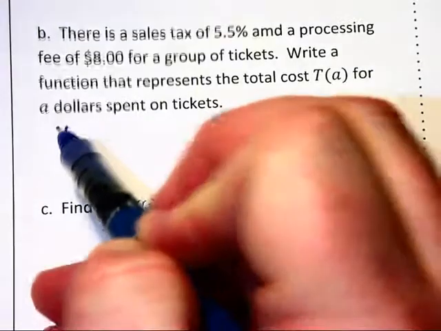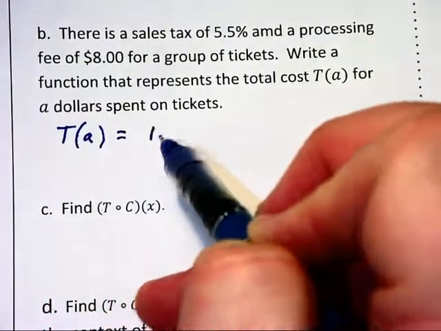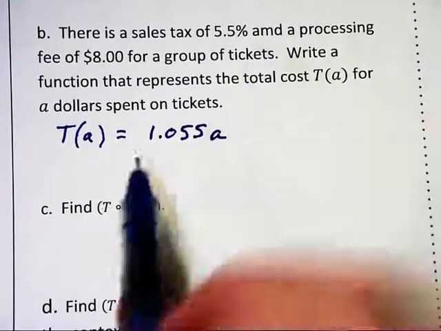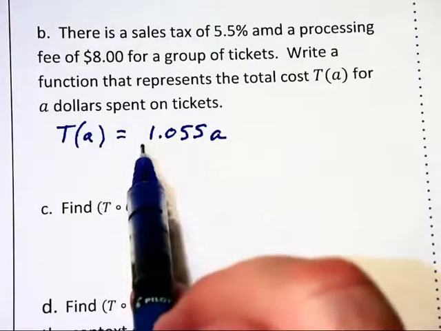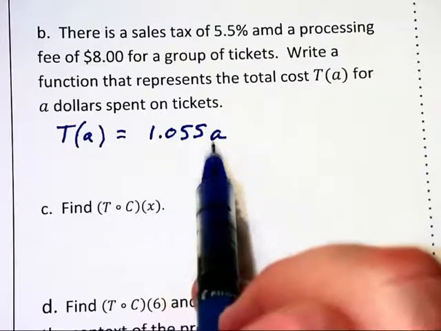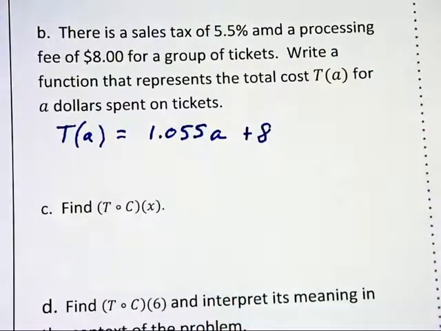So t of a is going to be 1.055a. That'll basically be 5.5% plus the original 100%, 105.5% of a, plus $8 being added on.